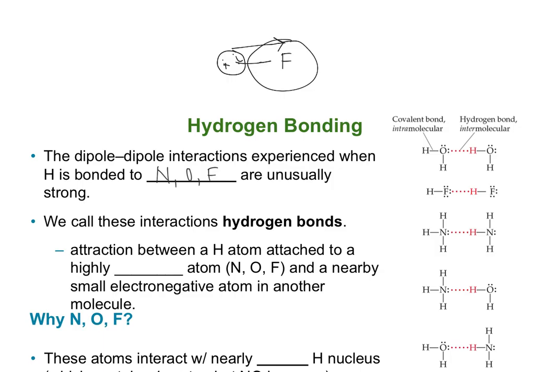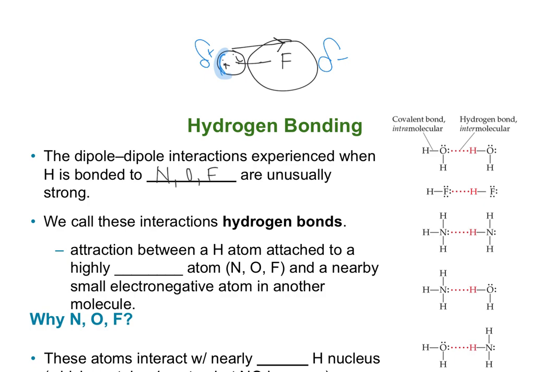And it creates this exposed area in the hydrogen atom that's very partially positive. It's almost like the nucleus is exposed. So it creates a huge positive dipole over here on the left towards the hydrogen and a huge negative dipole towards the fluorine.